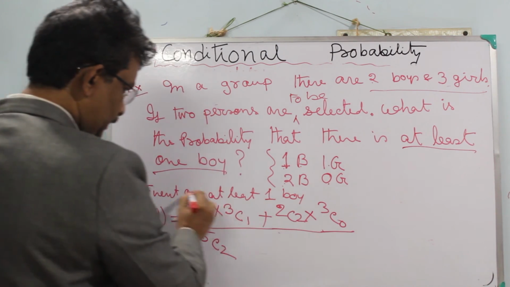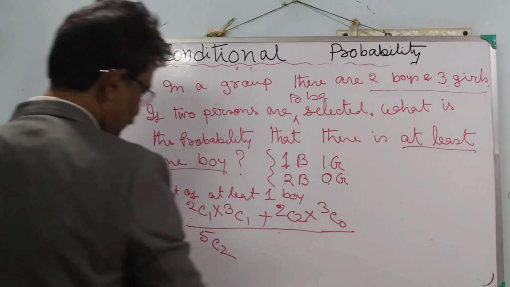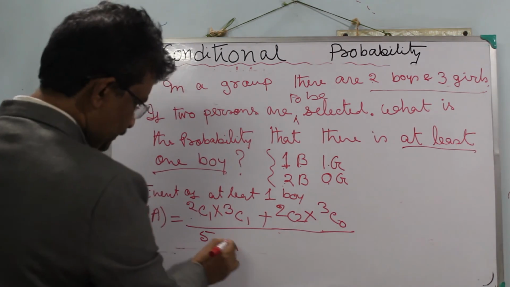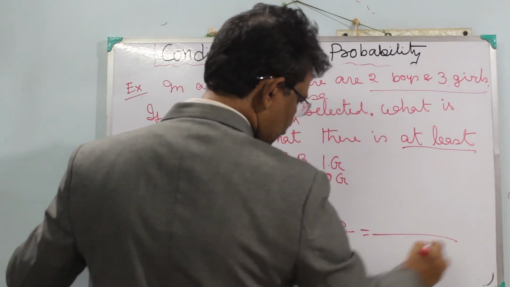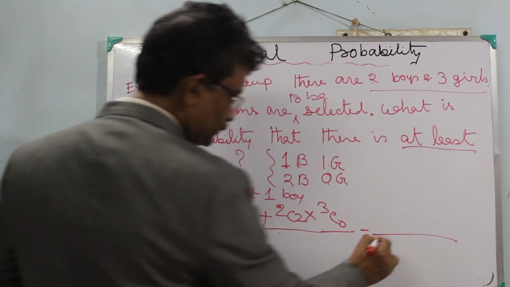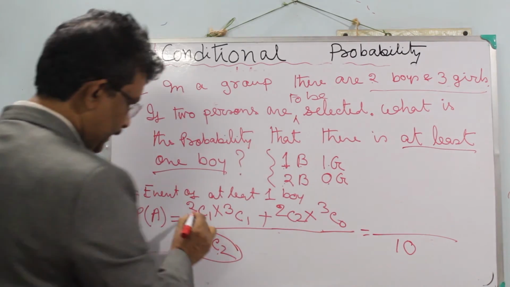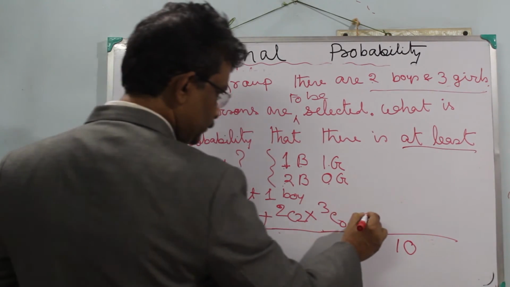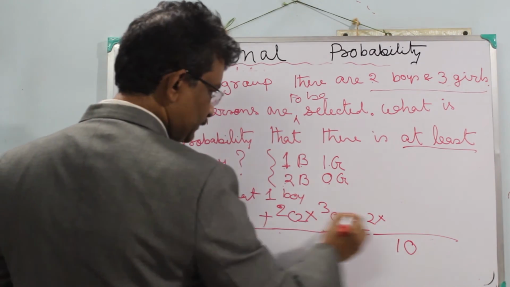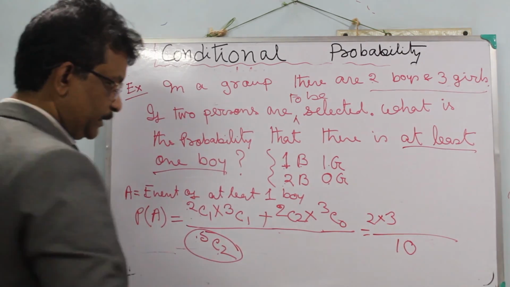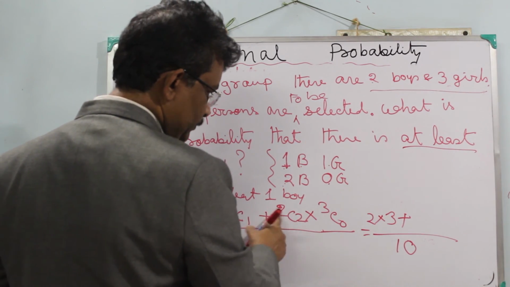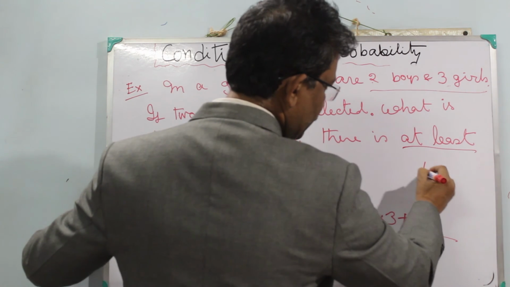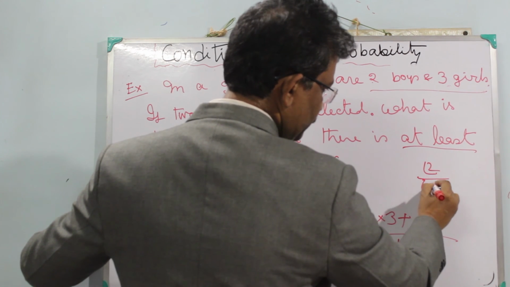So this sum is the total number of favorable cases, and 5C2 is the total number of cases. We have already calculated 5C2 is equal to 10, and 2C1 into 3C1 is 2 into 3, which I have just calculated, plus 2C2.